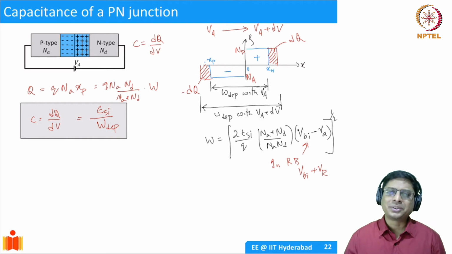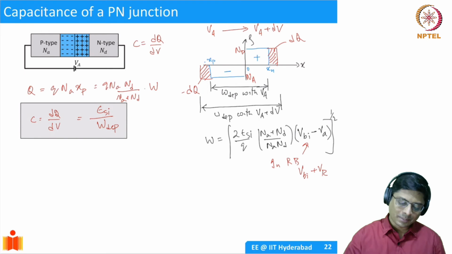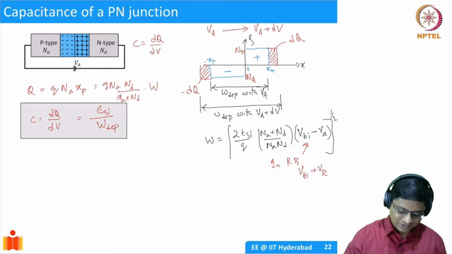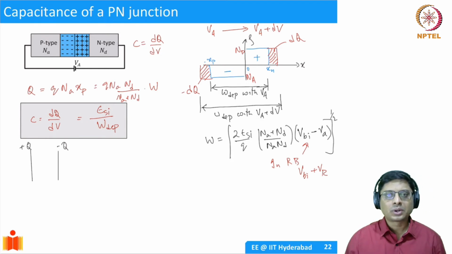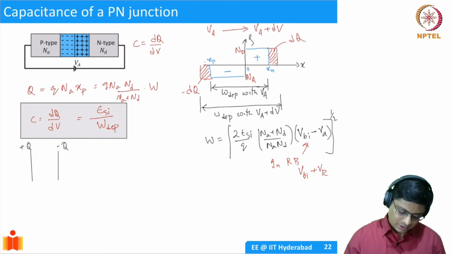It should actually surprise you. Oh, well, I mean, it looks very, very deceptively simple, right? Remember, if you have a parallel plate capacitor with plus Q and minus Q, what was the capacitance? It is simply C equal to epsilon A by D, right?